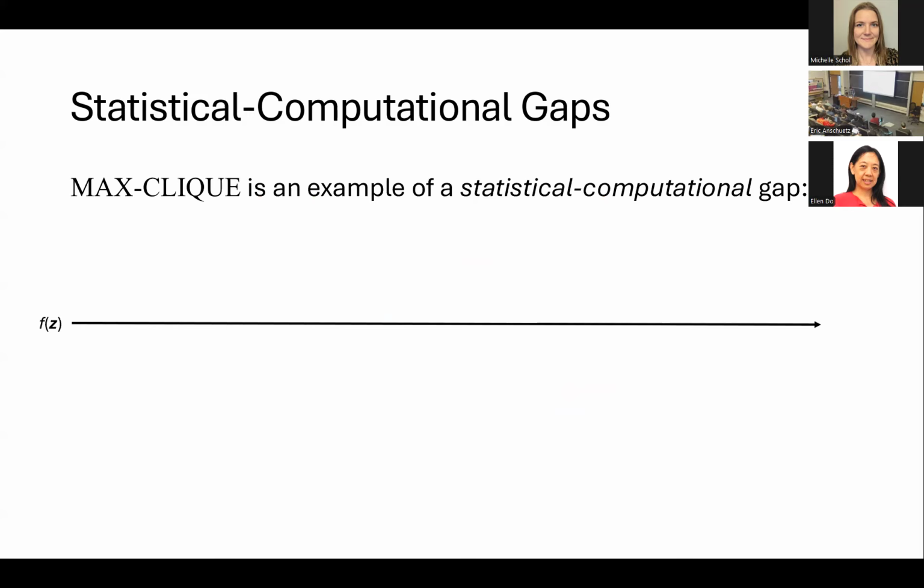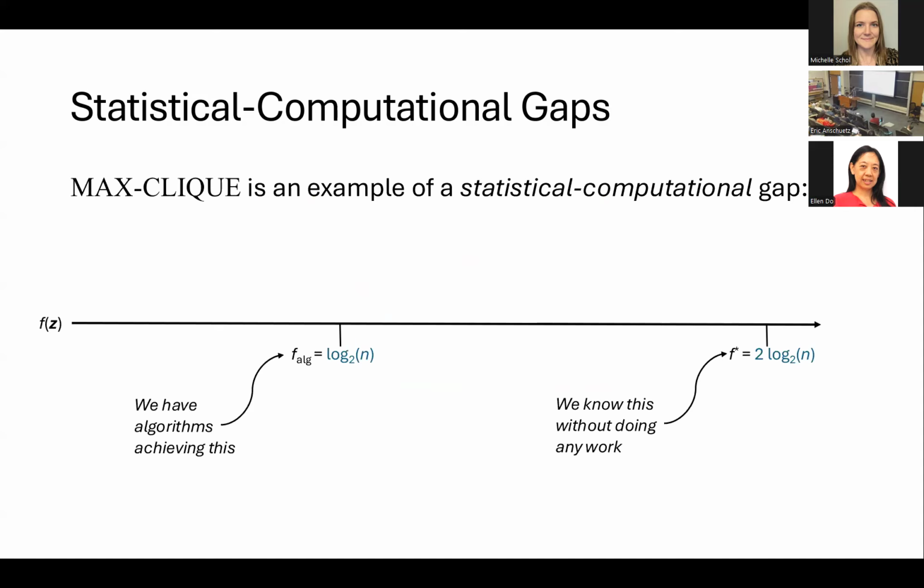But more generally, this problem of max clique is an example of what we call a statistical-computational gap. What I mean by that is there's some optimal value that we can compute without doing any work. We just used this statistical technique to say that with high probability the max clique value is 2 log n. But what we can compute is different, so there's some gap between these two numbers.